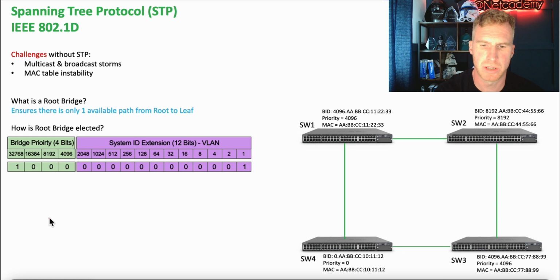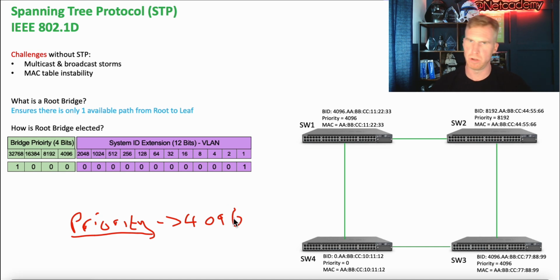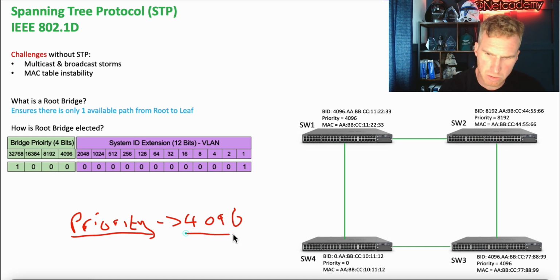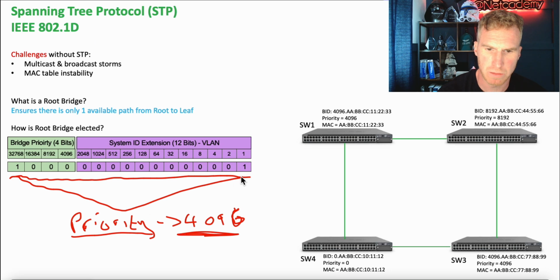And for me, I always asked a question: when we look at the priority value for that particular bridge identifier, I said it always increases in steps of 4096. You can't go 0, 1, 2, 3, 4. No, it's always going to increase in steps of 4096. Why is that? Well, when you look at that priority header, and all of this here is that priority header, we've got 4 bits, as you can see here, that actually get assigned, that are used as identifying the priority of that bridge.